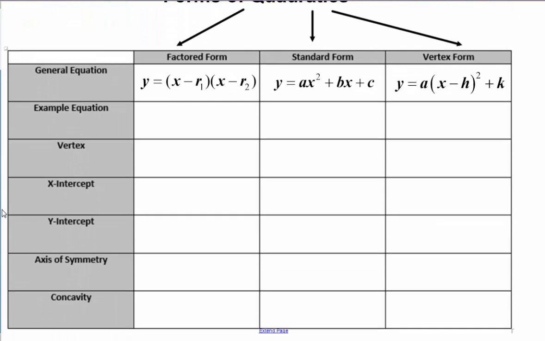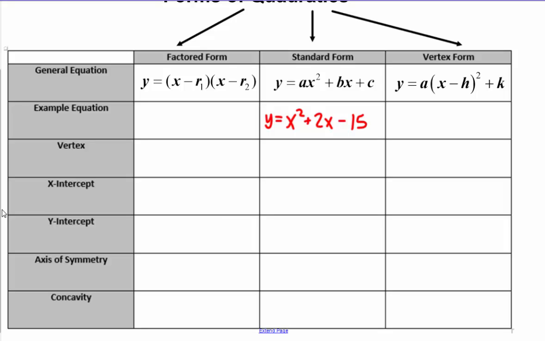So, here, we're going to fill in some equations. We're going to start by filling in our standard form equation, which in our case is going to be y equals x squared plus 2x minus 15.